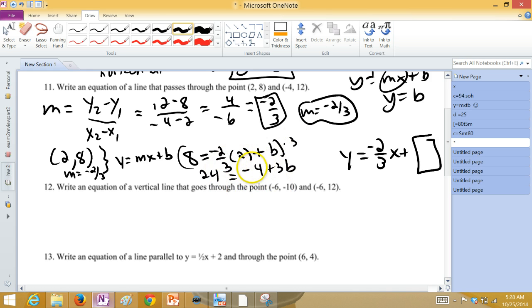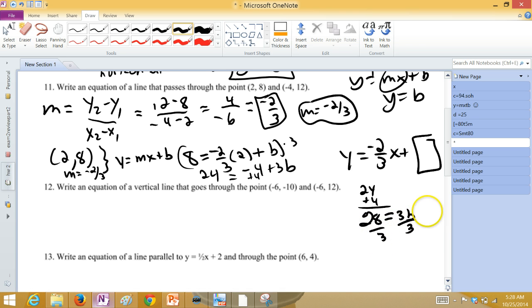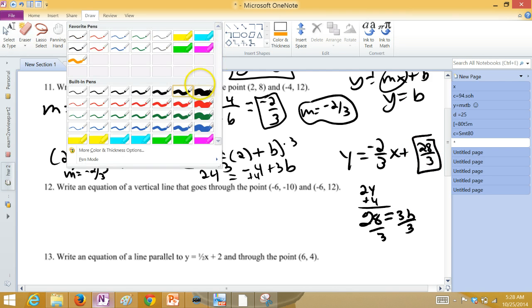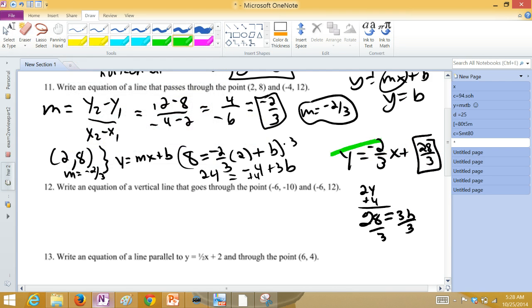So that's much easier to deal with. We have 28 when we add the 4 over. So 24 plus the 4 is 28. That's equal to 3b, and then we divide by 3. So we get the value of 28/3 as b. And so that is your answer to the question. That's the line that goes through those 2 points.